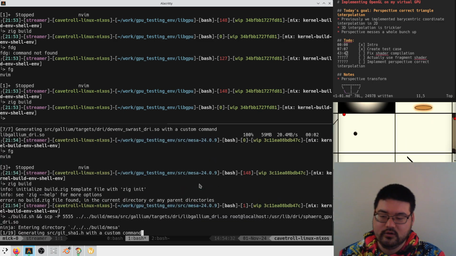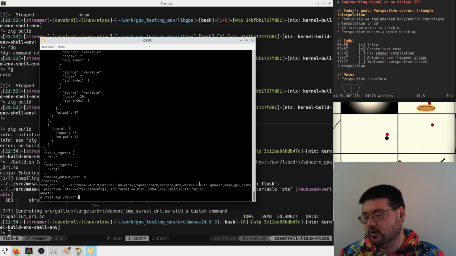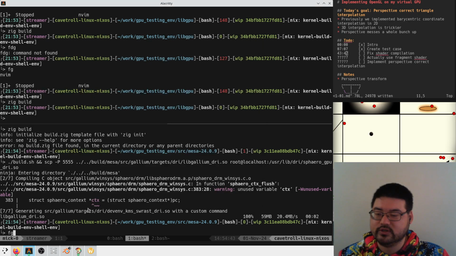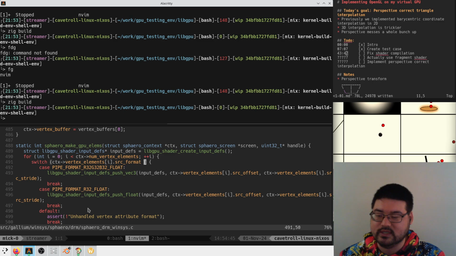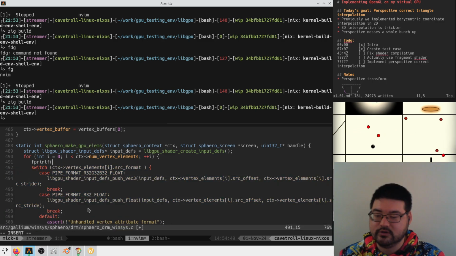Okay. Let's see. All right. We do still have an unhandled vertex attribute format, so let's maybe print what this is. Because I clearly don't understand.